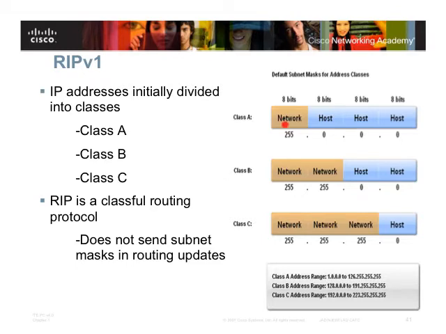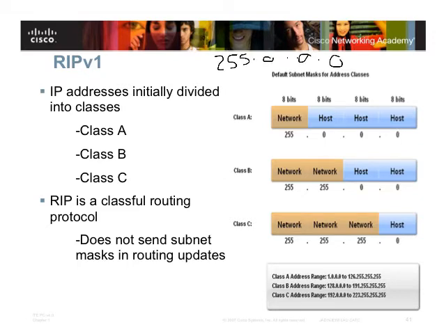For example, as we are all familiar, if the first byte is from 0 all the way to 127, this means class A. From 128 all the way to 191, this is class B. From 192 to 223, this is class C. So if it is class A, this means that the first left byte is the network part, which means that the subnet mask is 255.0.0.0.